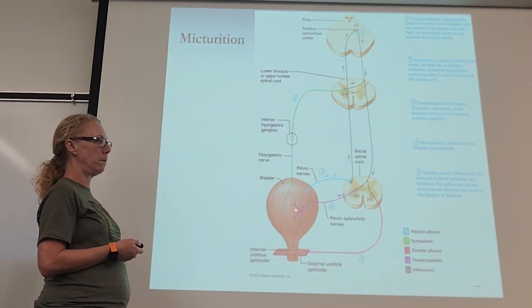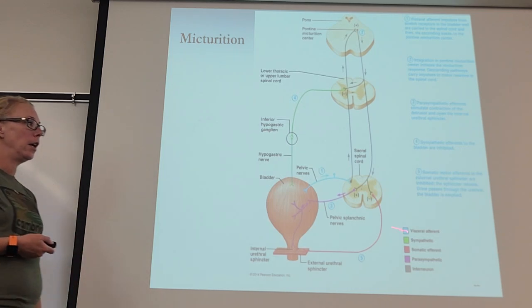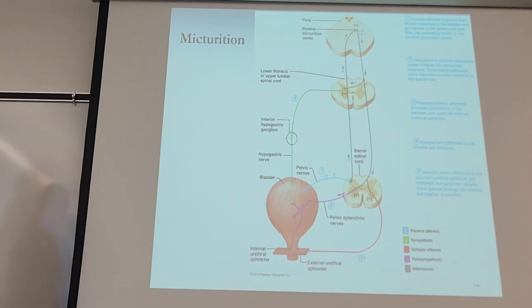The motor response parasympathetically, okay, for you to urinate, all right, is to contract the detrusor muscle, okay, and relax the internal urethral sphincter, okay.